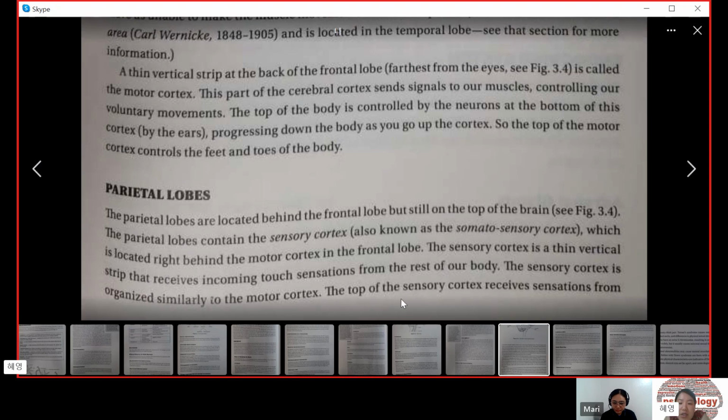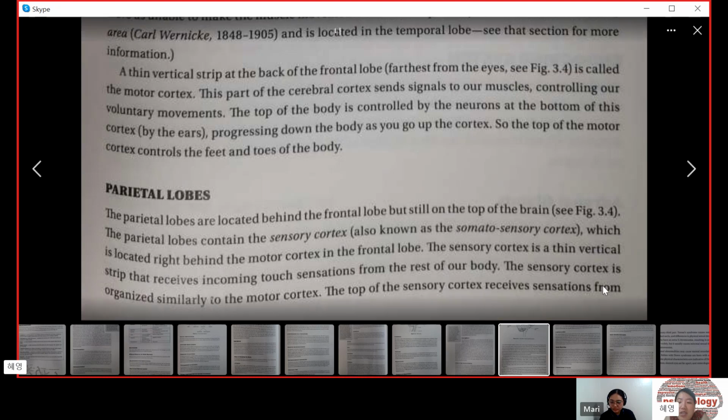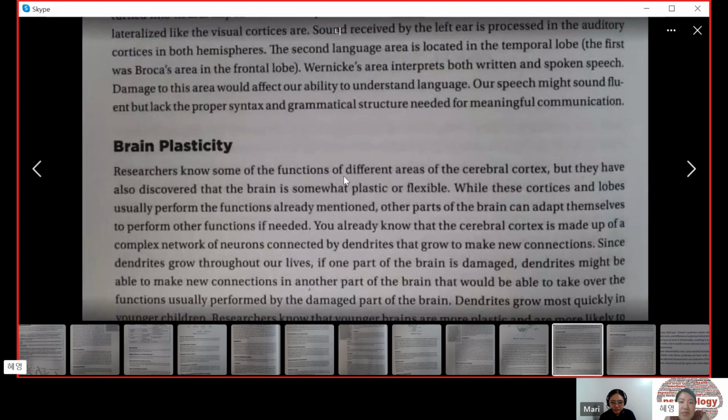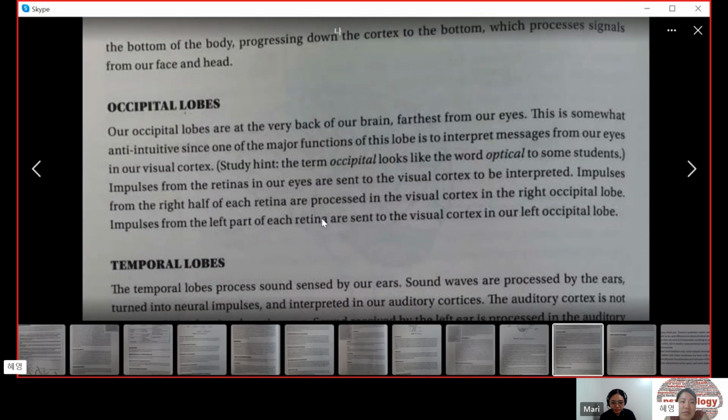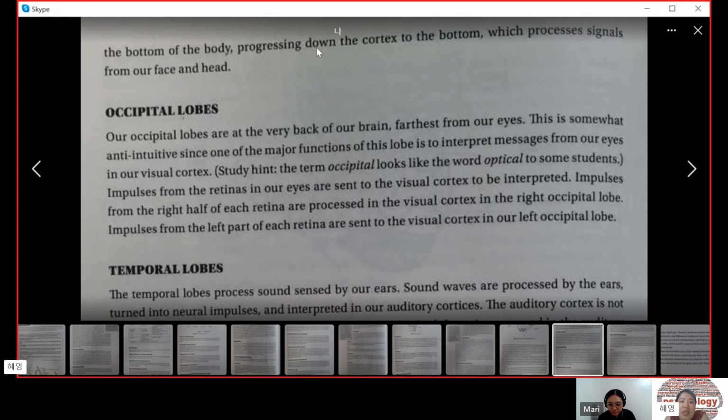The top of the sensory cortex receives sensations from the bottom of the body, progressing down the cortex to the bottom, which processes signals from our face and head.